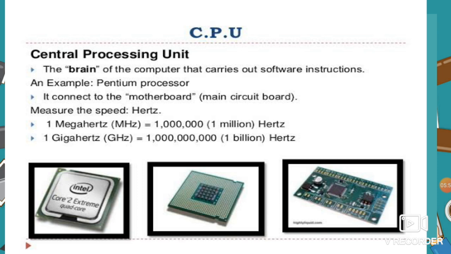For example, Pentium processor, like other processors which are developed by different companies. Now, as we consider it the brain of the computer, its speed is measured in hertz, that is megahertz or gigahertz.